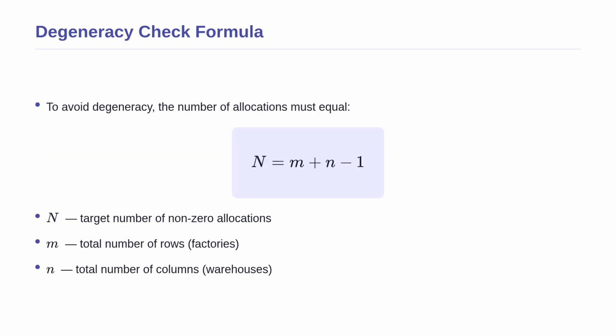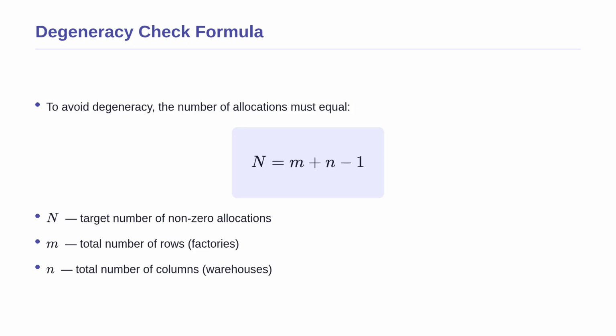To ensure our optimization algorithms will work, we use a simple formula to calculate the exact number of active allocations required. The formula is n equals m plus n minus 1. Here, n represents the target number of non-zero allocations we need in our final plan. The variable m represents the total number of rows in our matrix, which is the number of factories.